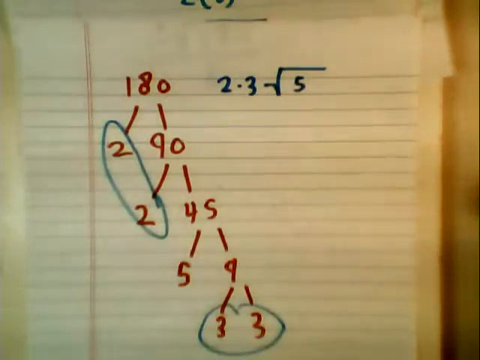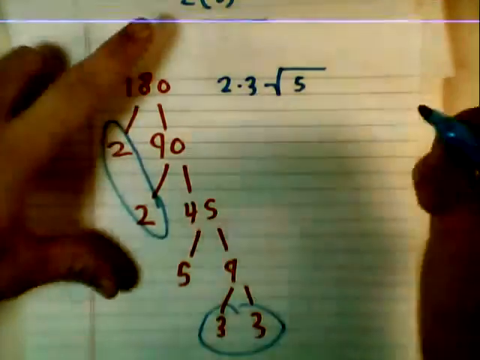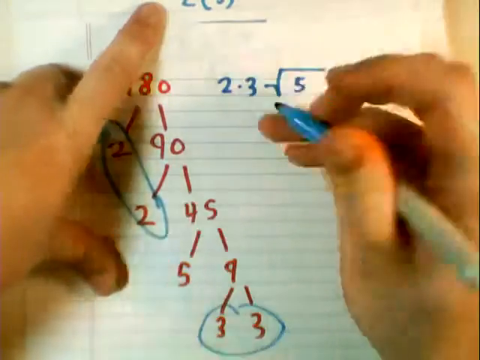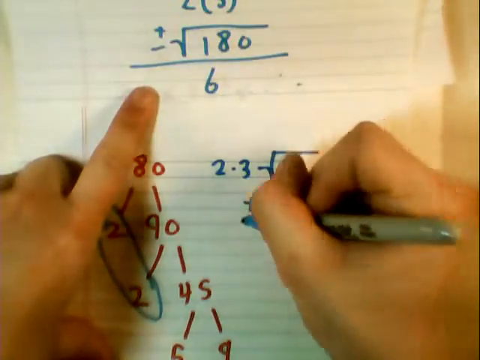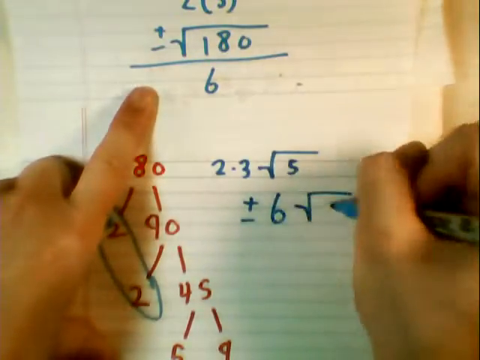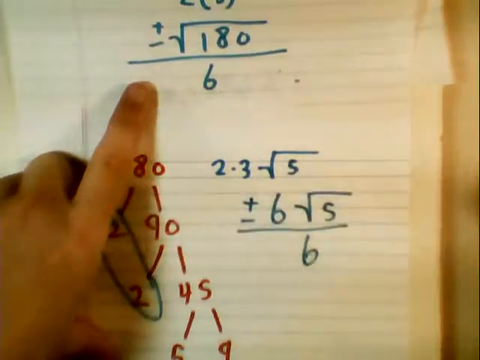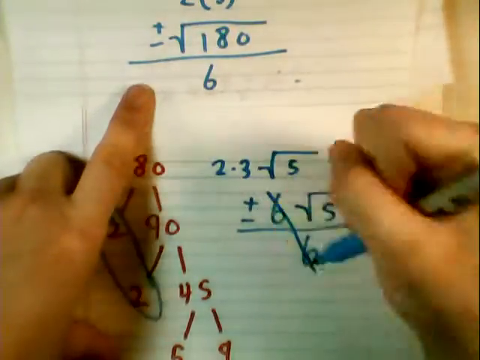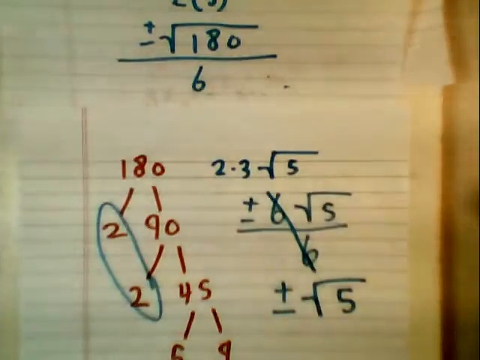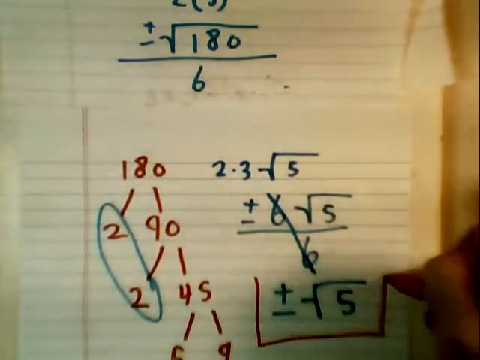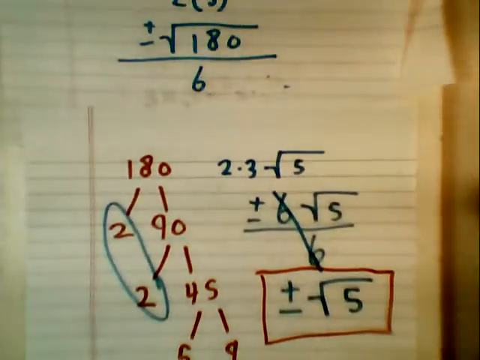Let me put it back onto our actual quadratic. So it's plus minus 6 square root of 5 over 6. Now let's cancel the 6's, and we get plus minus the square root of 5. After all that work, these are 2 zeros.